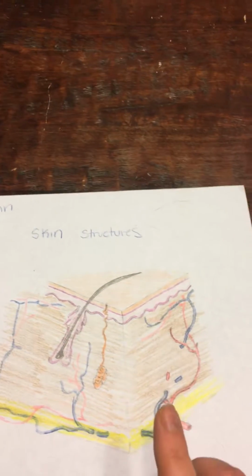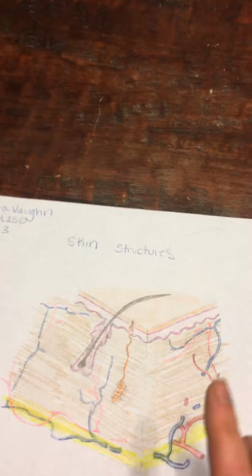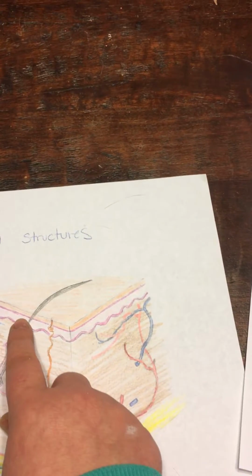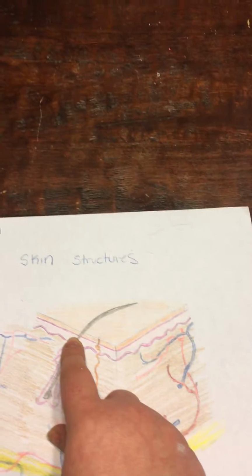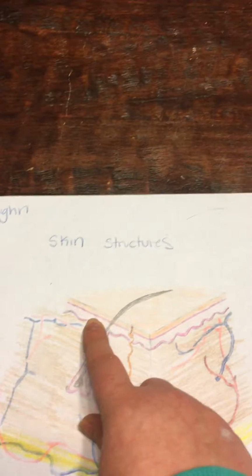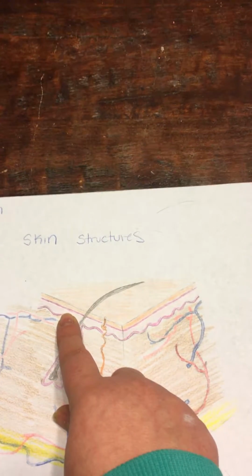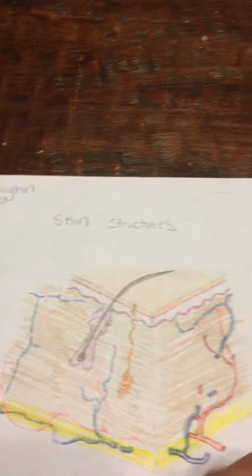Keratinocytes are, if I remember correctly, in the layer of the epidermis up in here. And if I remember, they were cuboidal things.